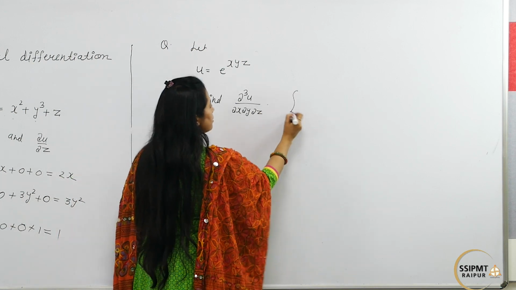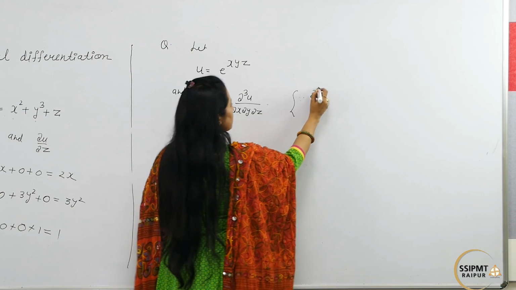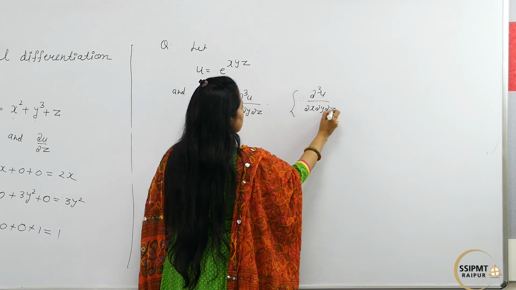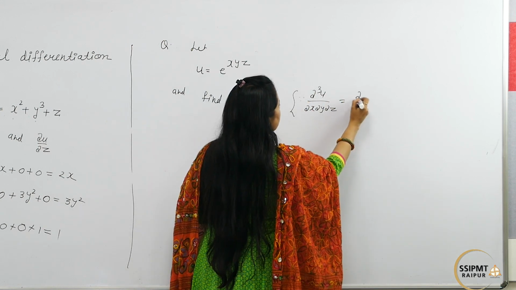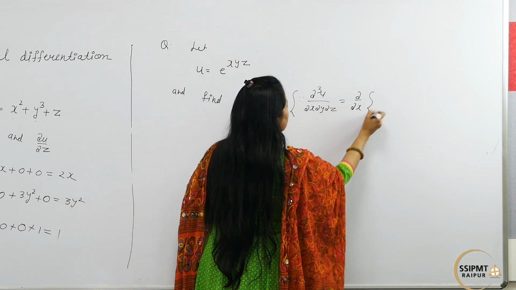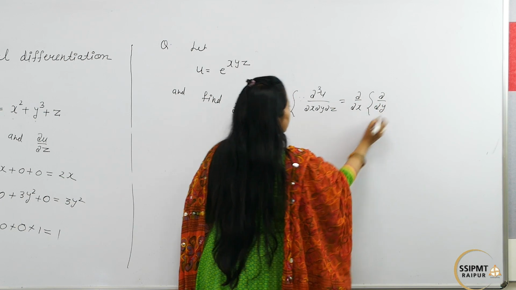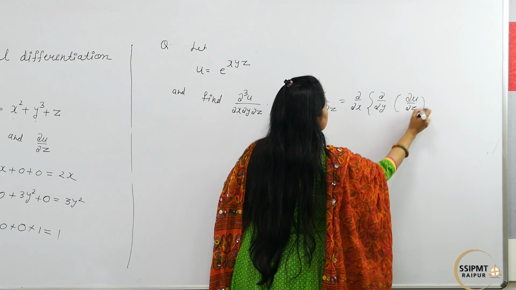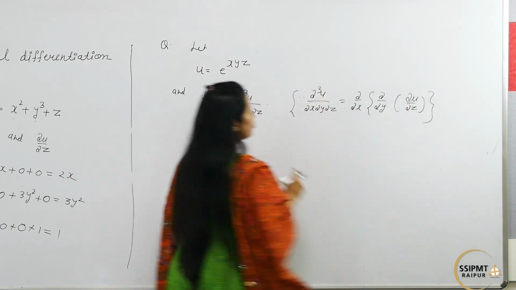We all know that del cube u upon del x del y del z means del by del x of del by del y of del u by del z.